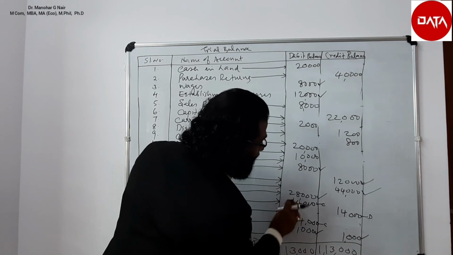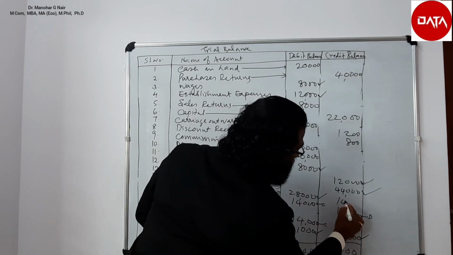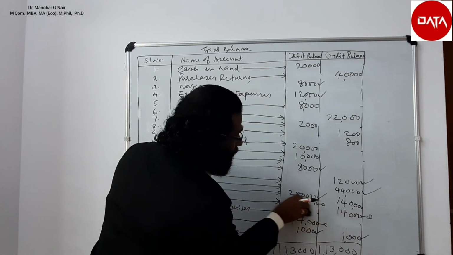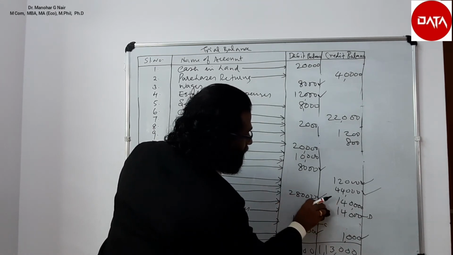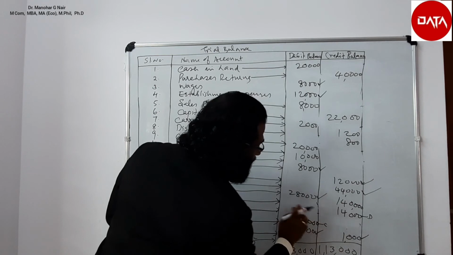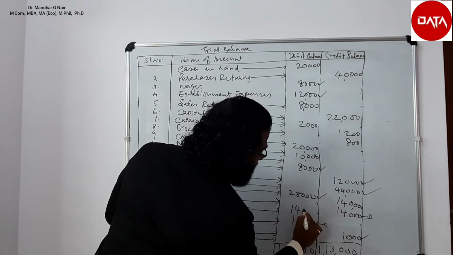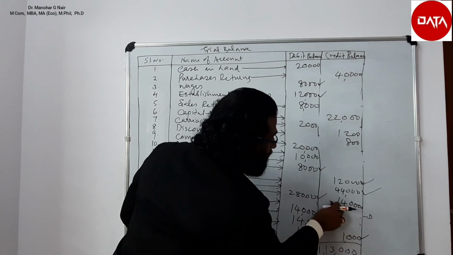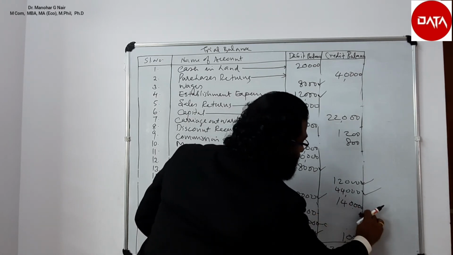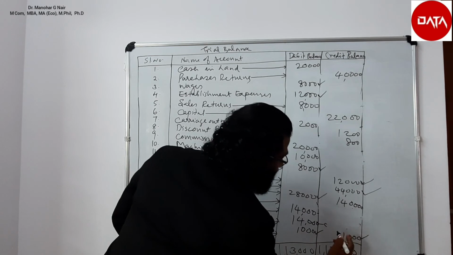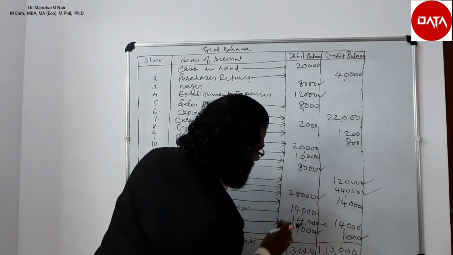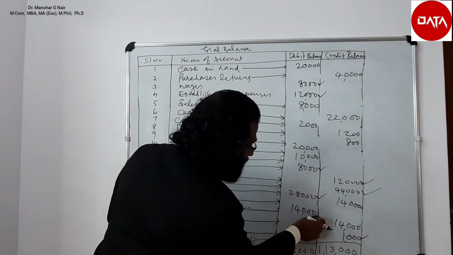Then this 14,000 should be moved here and removed, and this 14,000 should be moved here and removed, and this 14,000 should move there and be removed.